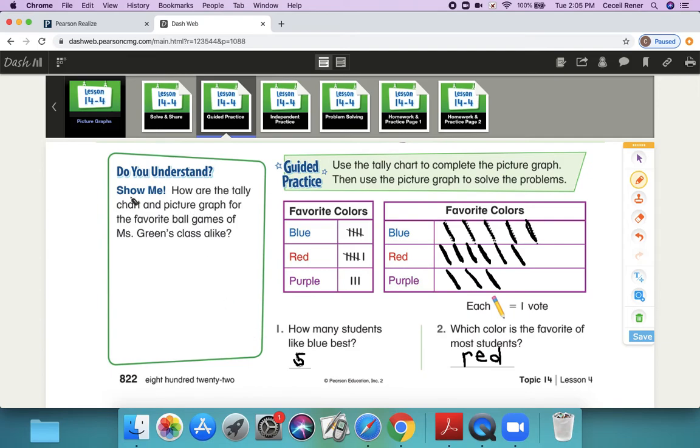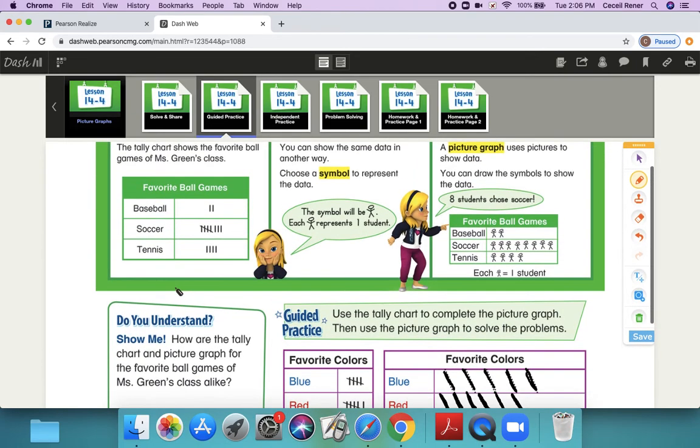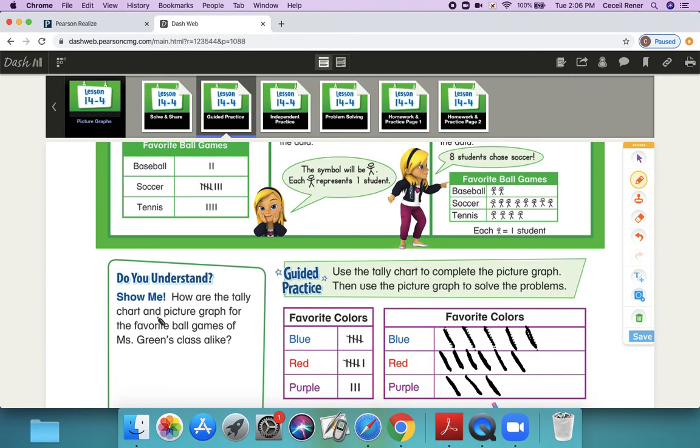Now, let's look here in the do you understand? And this is referring to the top there. It says, how are the tally chart, here's the tally chart, and the picture graph for the favorite ball games of Miss Green's class alike? Well, how are they alike? What do you think? If you said they show the same data, you are correct. So let's write that.